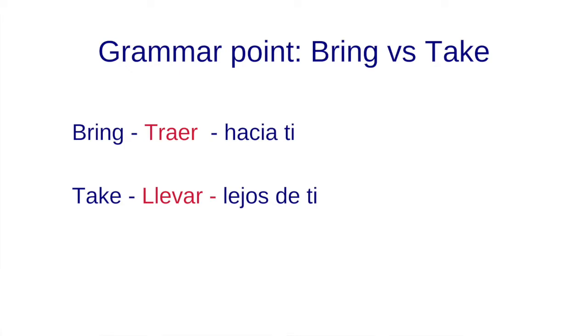So, espero que esto ayuda en pensar, porque en español sé que es muy diferente, right? But en inglés, esto es una manera de pensar las diferencias. So, take, lejos de ti, bring, hacia ti. Okay, let's continue.